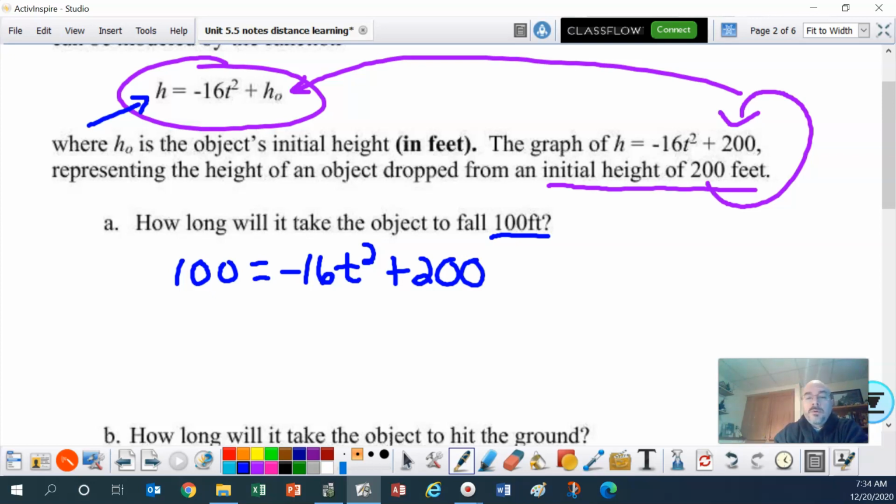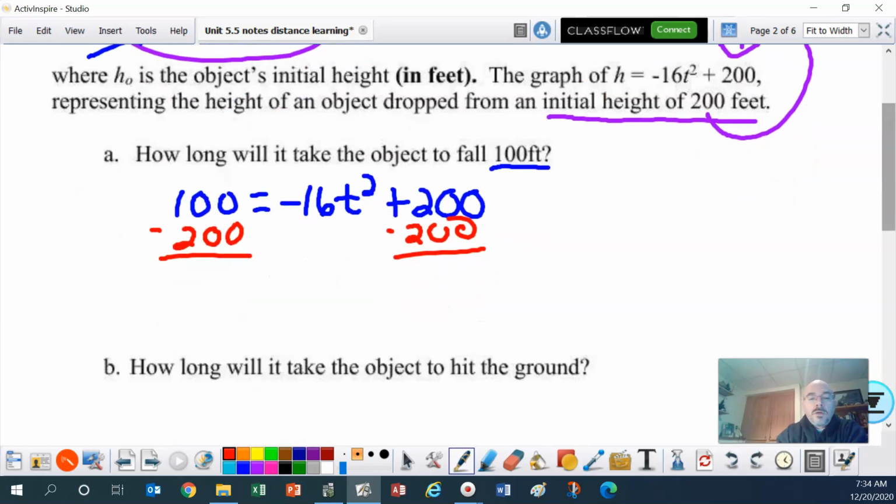We're going to subtract the 200. Now we have negative 100 equals negative 16t squared. We're going to divide by the negative 16.